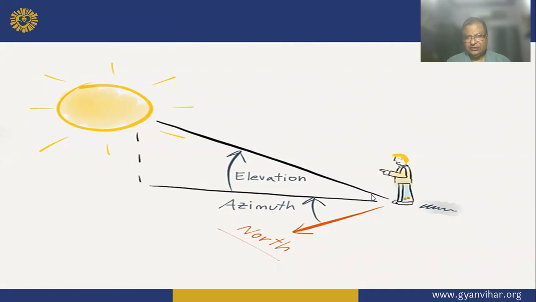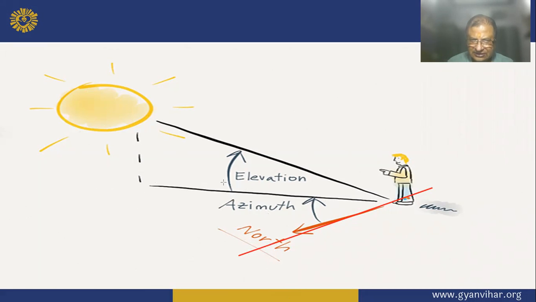This is an example. My dear boy, in this diagram, a person is standing on the line of north. This is the line of north, and this is the sun line. So this is north. What is this? This is direction.